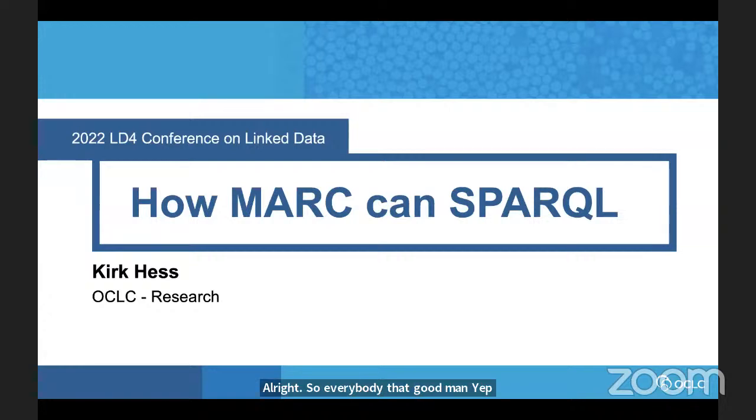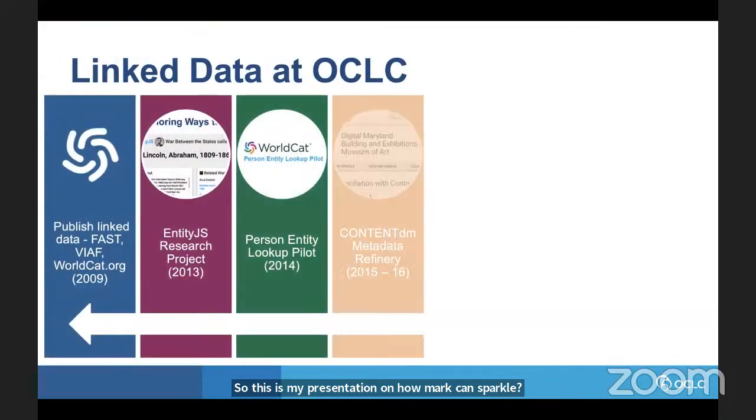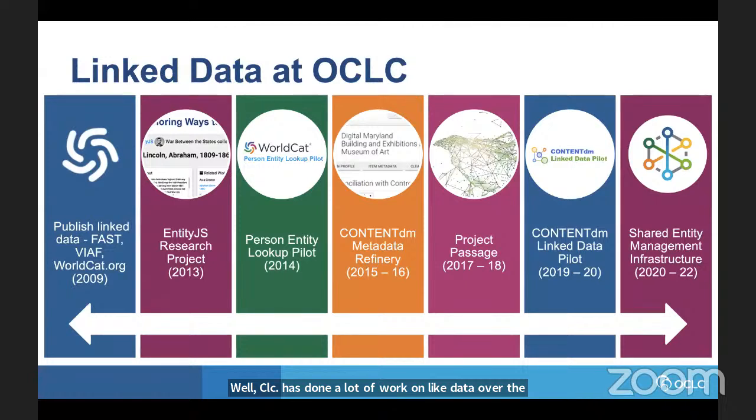It's good. All right, so this is my presentation on how MARC can SPARQL. OCLC has done a lot of work on linked data over the years. Somewhere in the middle, this idea came up: what if we just simply convert MARC XML to an RDF ontology?